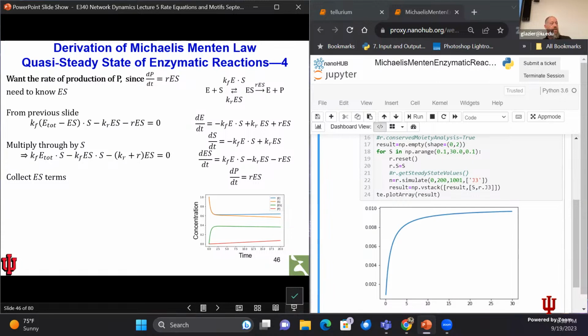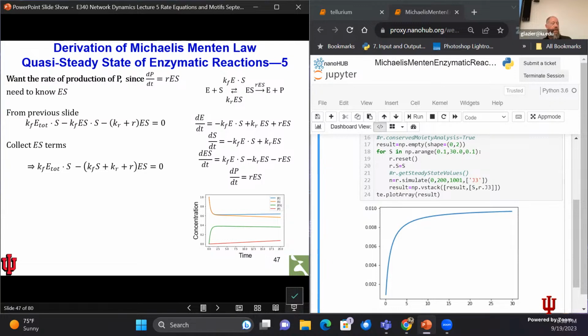So I'll collect all my ES terms. Here I've multiplied through. I have ES times minus Kf S, I have ES times minus Kr, and ES times minus R. And so I wind up with Kf E total times S, which is the one thing that doesn't have an ES in it, minus the quantity Kf times S plus Kr plus R, times ES.